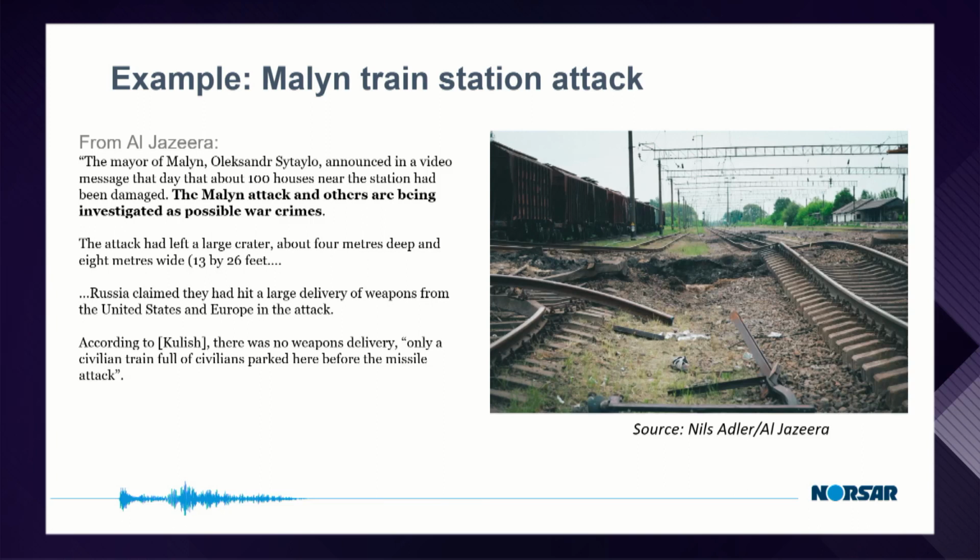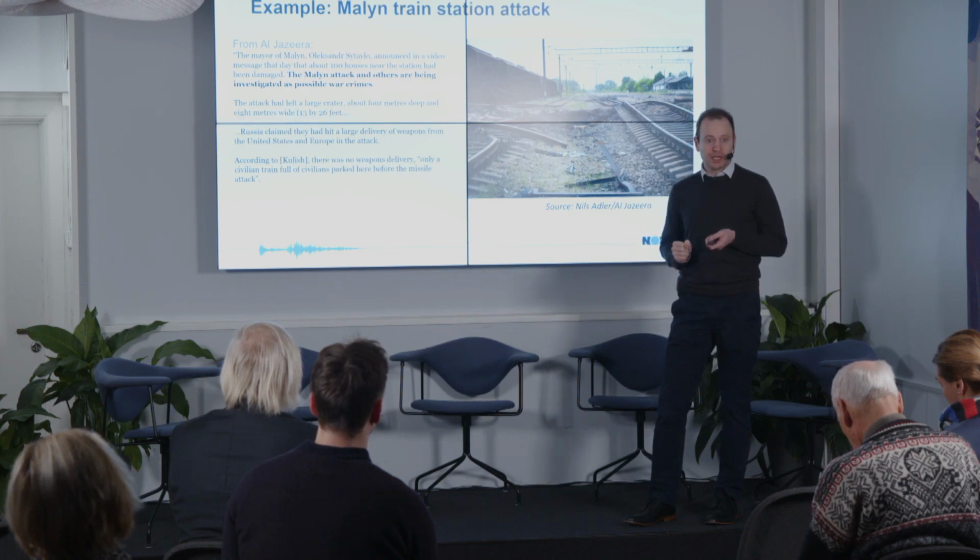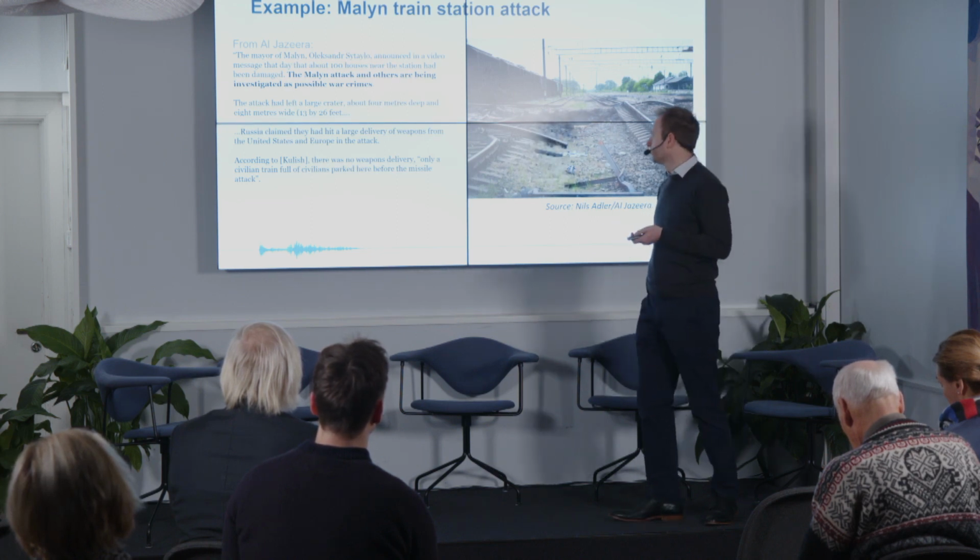And the Ukrainians had claimed that that was not the case. These are the sorts of conflicting reports where we need to be able to get the truth, and using this sort of analysis, we can at least come some way to working out what's happened.